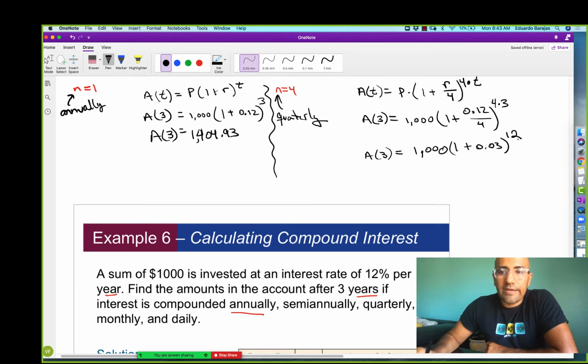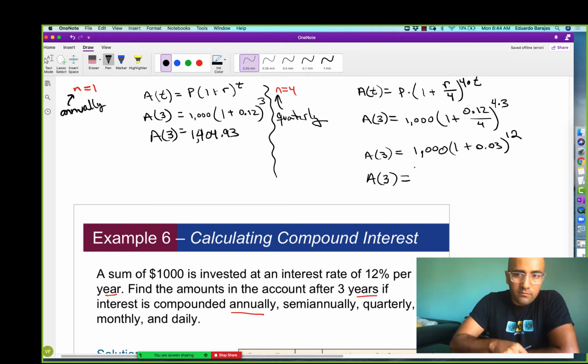There will be 12 quarterly cycles in a 3-year time frame, right? So the compounding will happen 12 times. Good. Okay, so now we can just punch that into our calculator, and we see we get a slightly different number. So it'll be 1.03 to the power of 12 times 1,000.